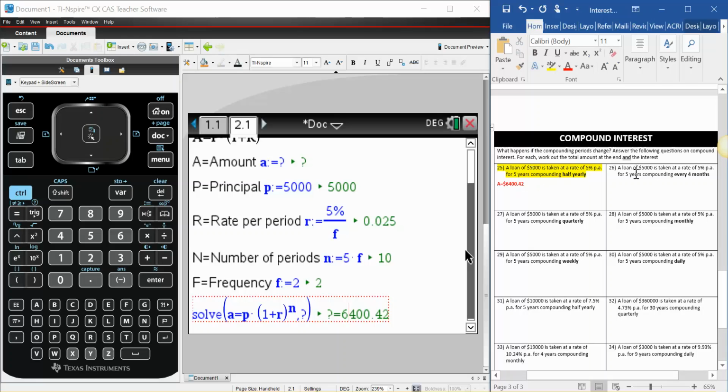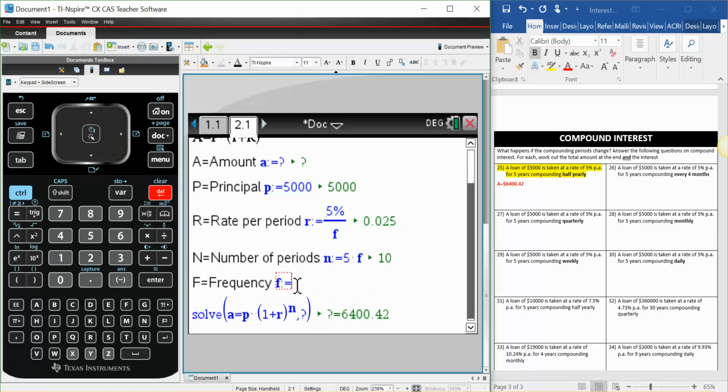You'll notice this next question says it's the same question, 5,000 at 5% per annum for 5 years, compounding every 4 months. So if we think about that, every 4 months would be 3 periods in 1 year. There's the first 4 months, the middle 4 months, and the next 4 months. So the amount of periods in a year this time is 3.